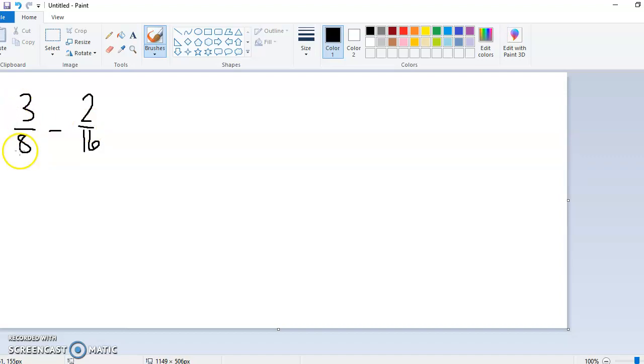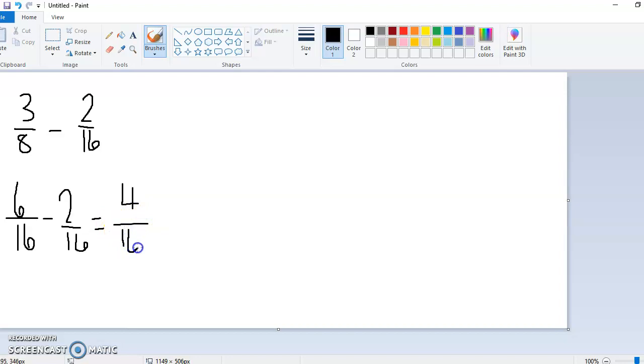3/8 here. If I multiply that, I know 8 times 2 will get me 16. And 3 times 2 is 6. These two stay the same, so subtraction 2/16. 6 minus 2 is 4. I don't do anything with 16.